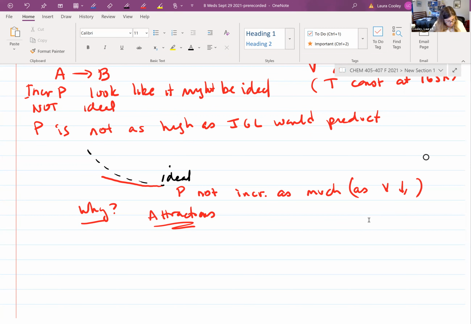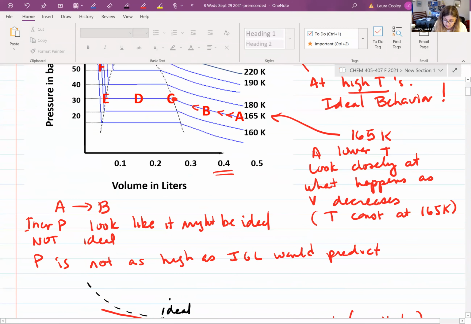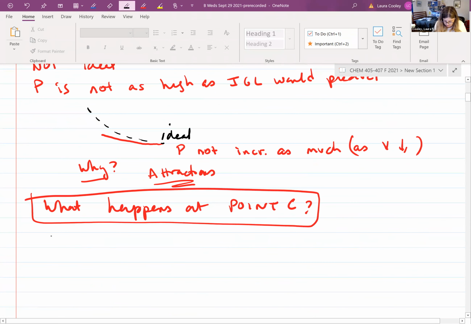And if you look at the diagram closely, you see what happens at point C, as you continue to decrease the volume, the pressure stays constant. And that is certainly not the behavior of a gas.